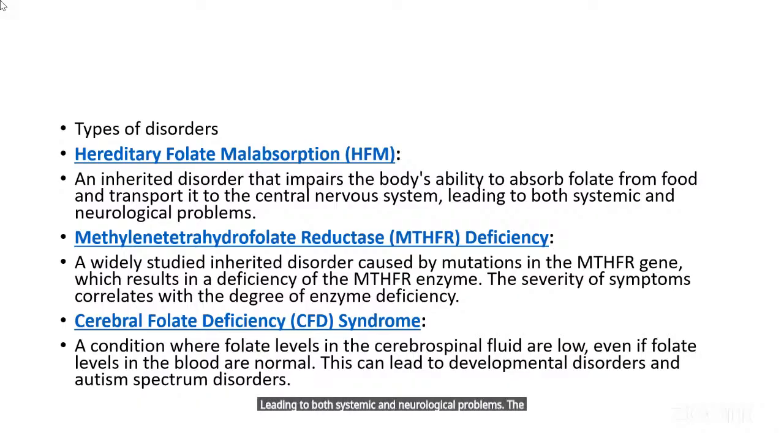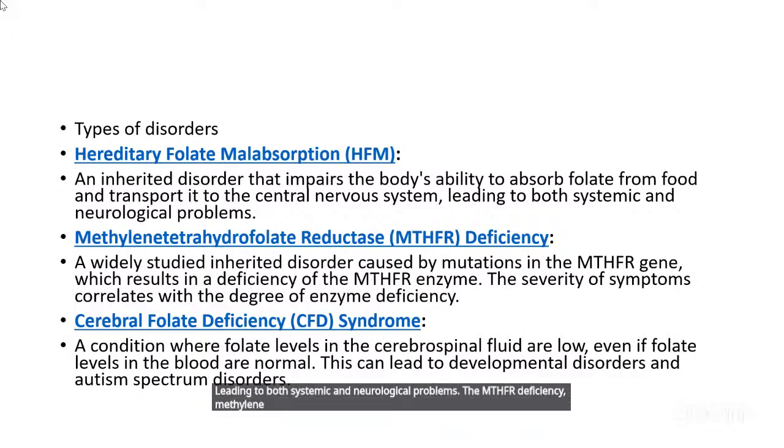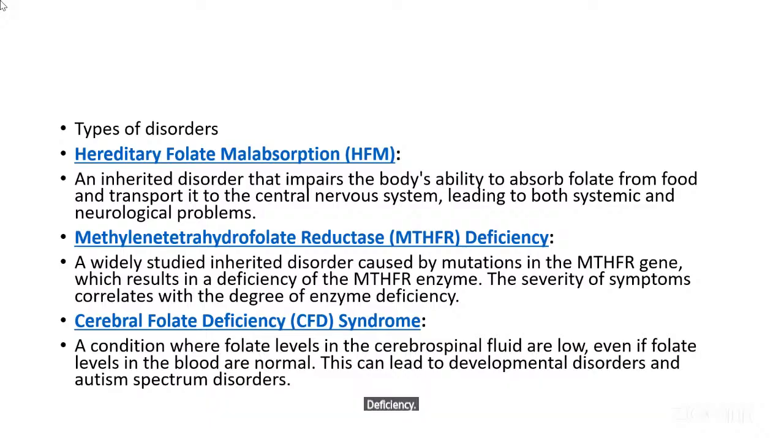The MTHFR deficiency, methylene tetrahydrofolate reductase deficiency, a widely studied inherited disorder caused by mutations in the MTHFR gene, which results in a deficiency of the MTHFR enzyme. The severity of symptoms correlates with the degree of enzyme deficiency.